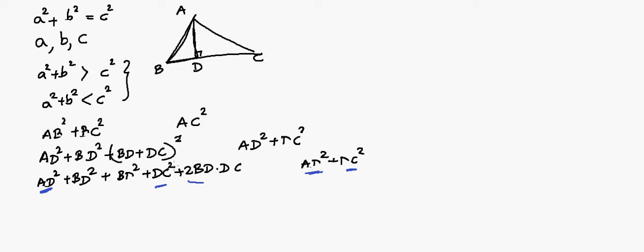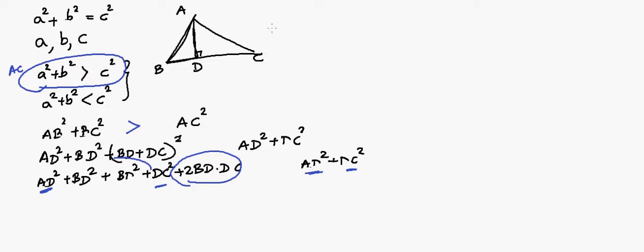Which makes it very clear that the left side is greater than the right side, which means AB square plus BC square is greater than AC square. So we can say that A square plus B square is greater than C square. That is, the sum of the squares of the two smaller sides is greater than the square of the third side. So when is this happening? This is happening in the case of an acute angled triangle. So this is an acute angled triangle.